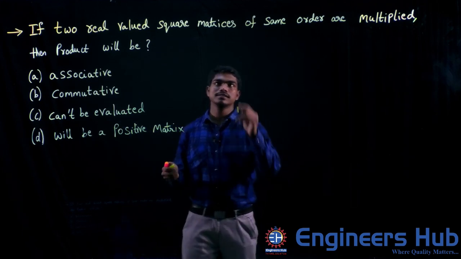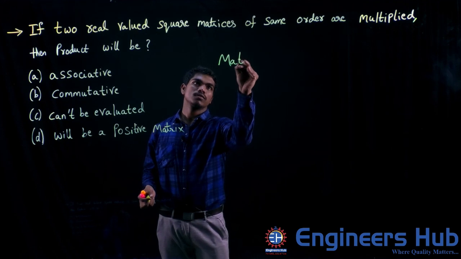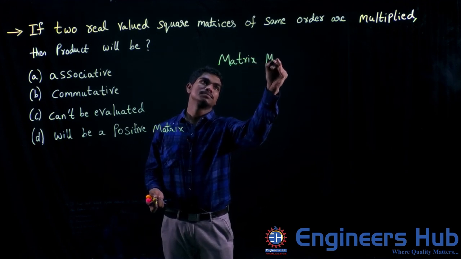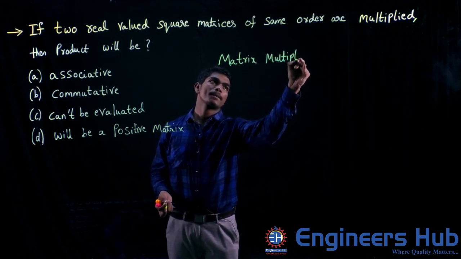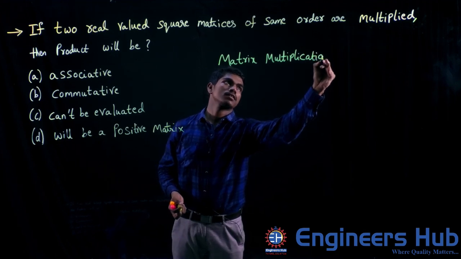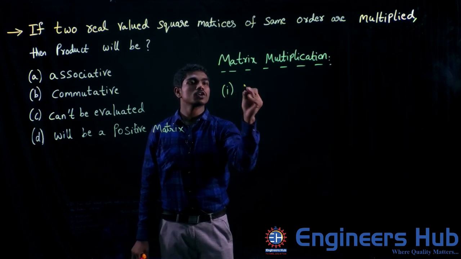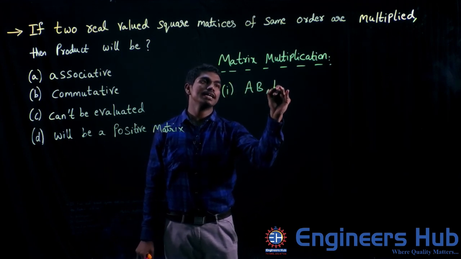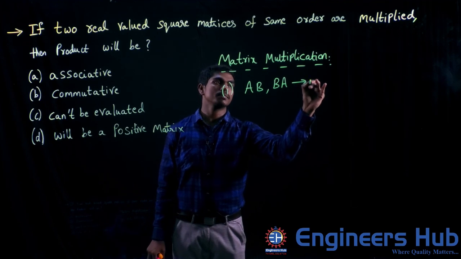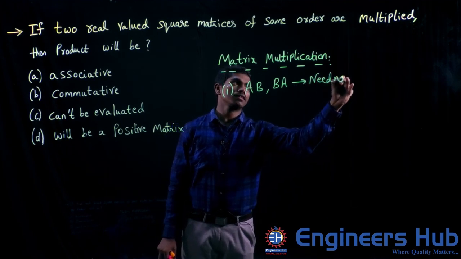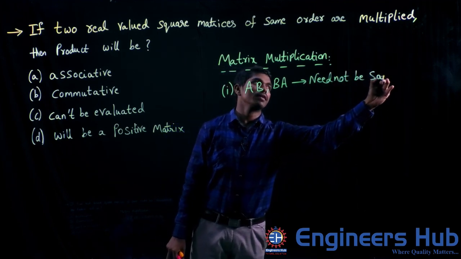Now first of all, generally in matrix multiplication, the commutative law need not hold good, meaning AB and BA need not be the same.